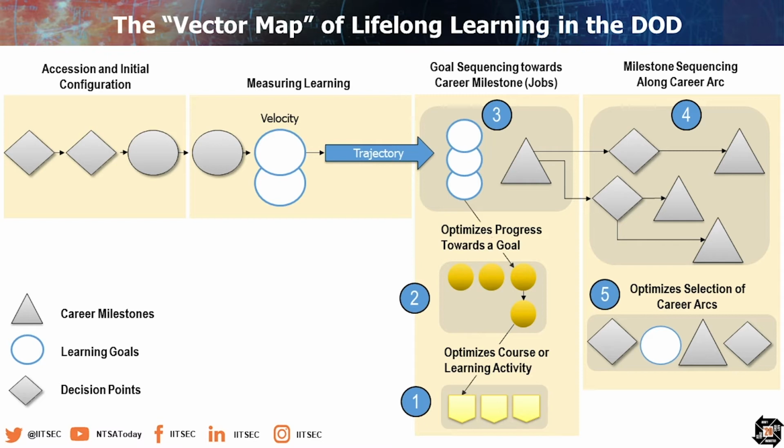The speed at which we accomplish those things and the direction for an overarching career arc provides a velocity, and that trajectory can then be thought of as composed of goals that are broken down into tasks, that are broken down into specific events that are satisfying those tasks. And again, that's those three control loops.